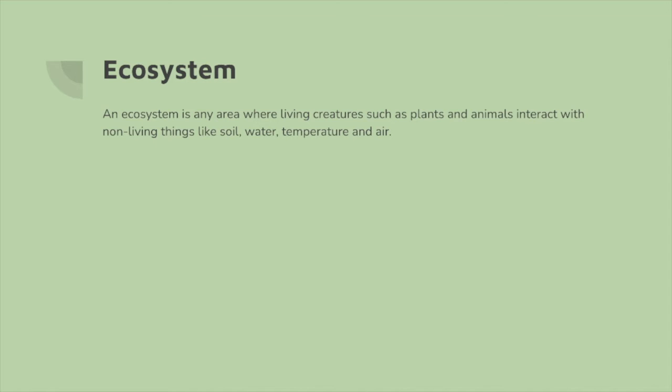And an ecosystem is any area where living creatures such as plants and animals interact with non-living things like soil, water, temperature, and air. And ecosystems can be as big as an ocean or as small as a backyard.